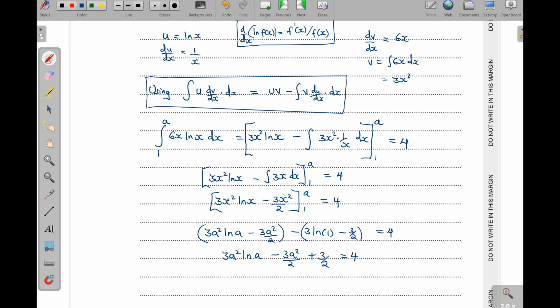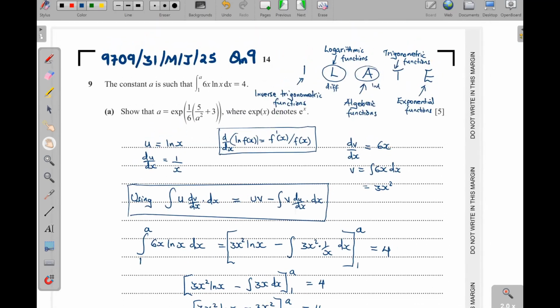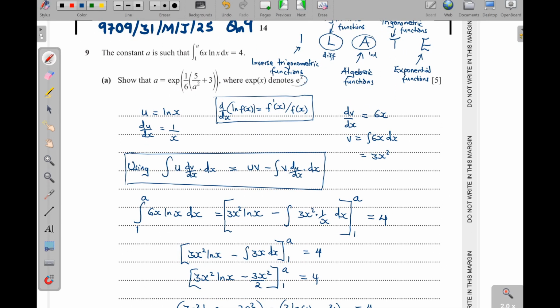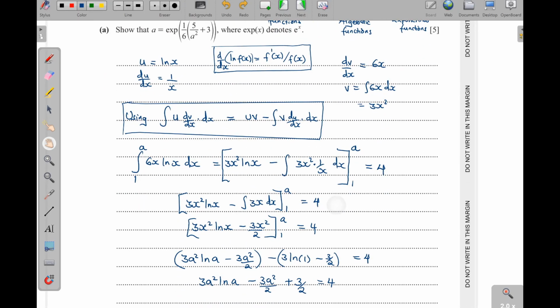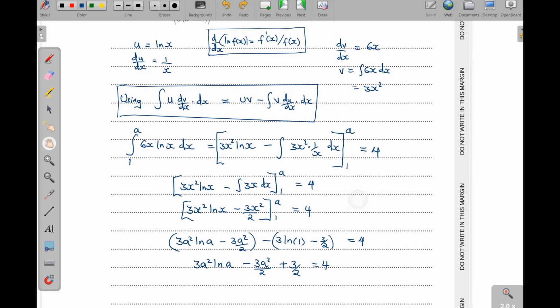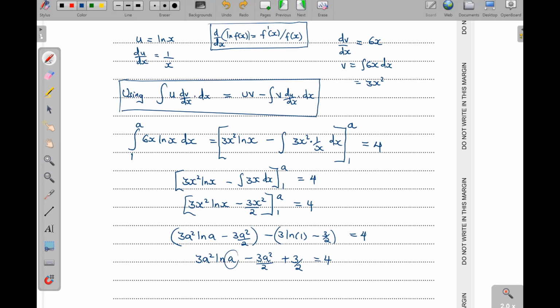You see? And now from there, by looking at what we are having here, exponent, we are going to make a the subject of the formula. It is either this one, or this one. You get it?